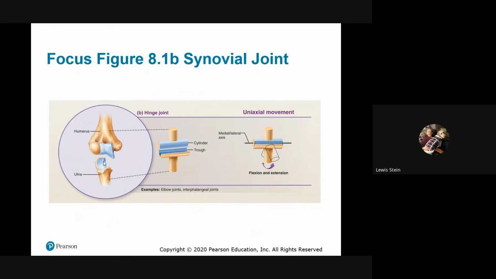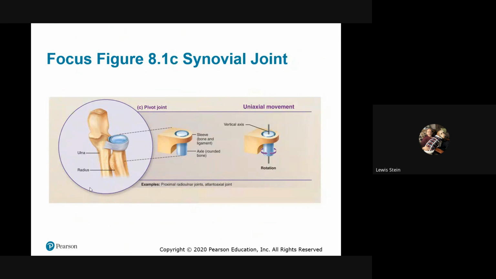Here you just have one interphalangeal joint in the toe, either proximal or distal. In the fingers, between the proximal phalanx and the middle is proximal, and between middle and distal is distal. Those are much more like true hinges. There's not a lot of wobble or wiggle room in those.